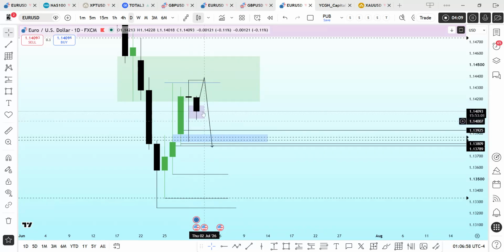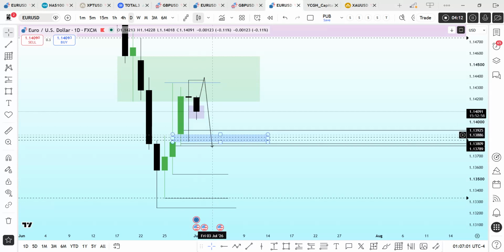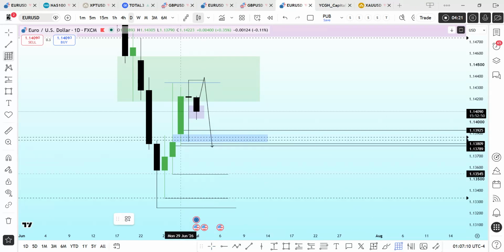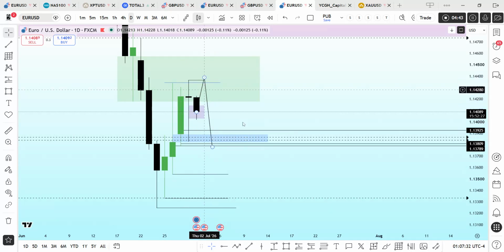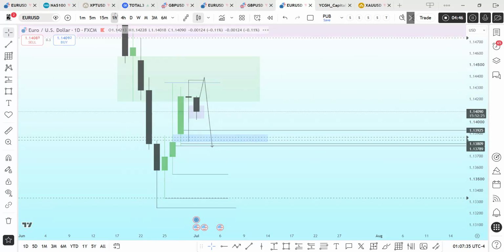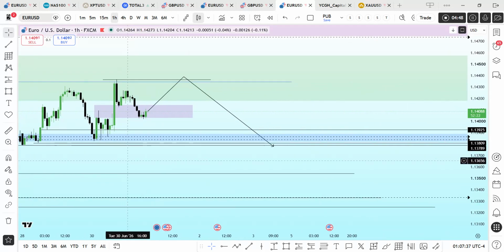Let's say price takes out this high, so the least expectation is this. Also, with the CRT you have to add confluences behind your narrative. If you add the CRT, the 50% level of this candle comes near this level, and there we have the NWOG. So this is a good conservative area to target, and price surely will come around this.